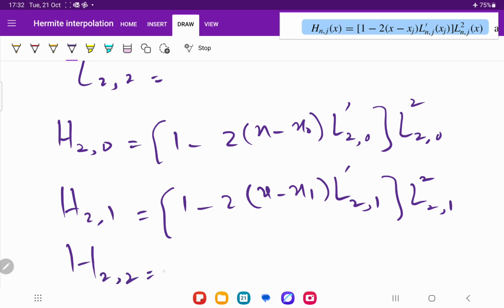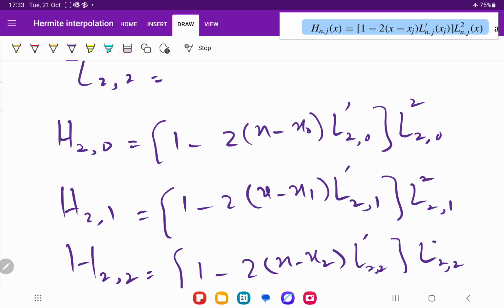Next thing is 2: 1 minus 2(x minus x2), L_2,2 dash, L_2,2 squared. So you can easily see that whatever I showed you before in the Lagrange interpolation, you could simply replace here to get your h calculated.